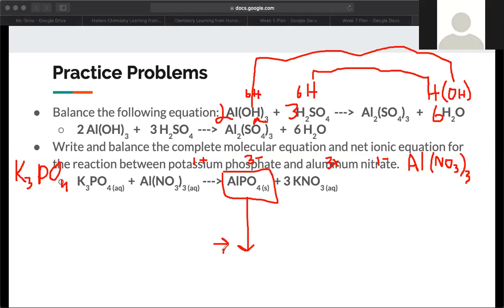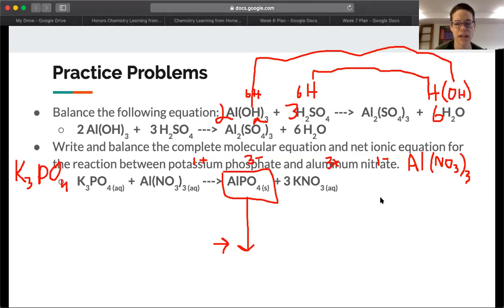So Al3+ and PO4 3-. Yep. And they did clarify for us that they are not expecting people to write the aqueous notation and stuff. So just make sure you have the charges in there correctly. That will be the focus.